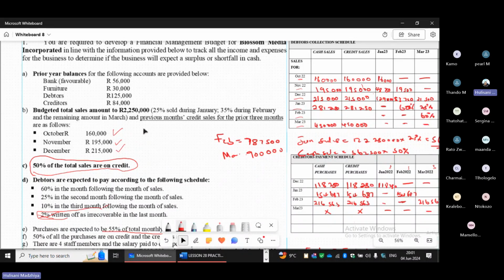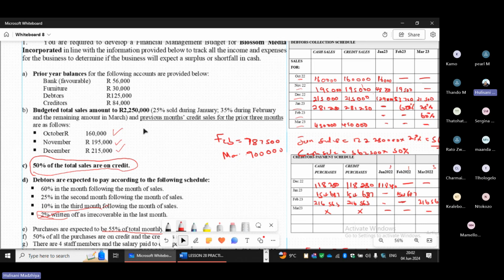Like I did mention, the one on your assessment is a completely different scenario from this one, but whatever principle we applied over here is going to be applied on that same scenario. So just make sure that you understand the principle of calculating the cash sales, the principle of calculating the credit sales, the principle of collecting cash from the previous month and the same month that you are budgeting for.